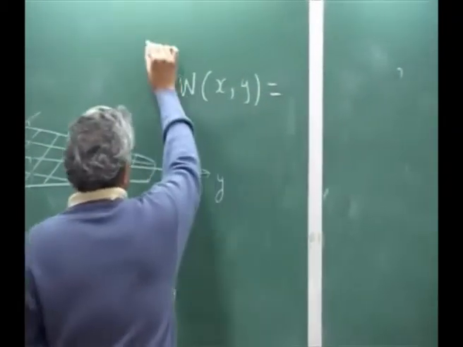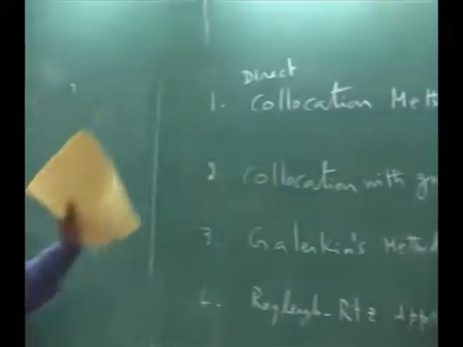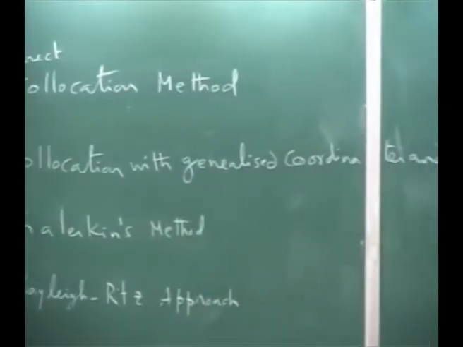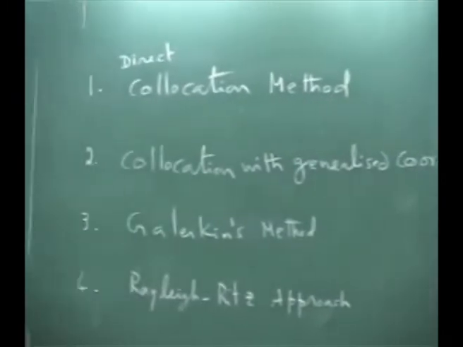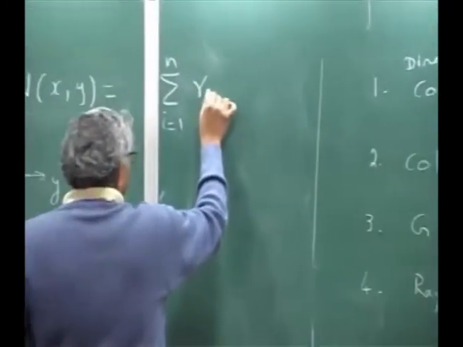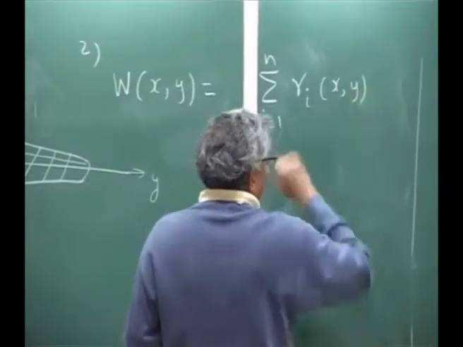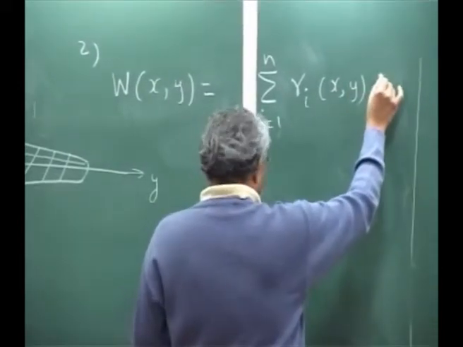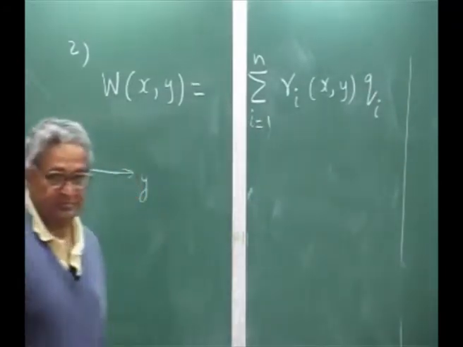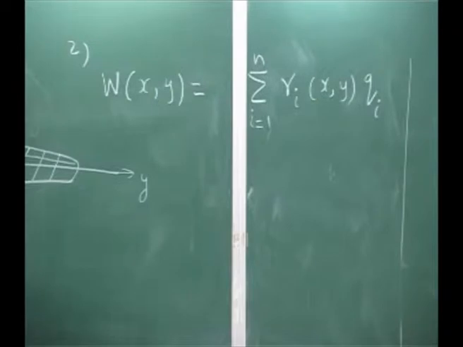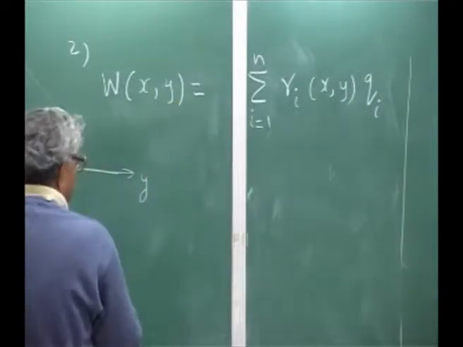This is technique 2, collocation with generalized coordinates and assumed modes. Here I am writing it as a sum with i running from 1 to n, gamma i of x, y into, maybe I will use q. But please note, if it is a function of time, this will become like this.